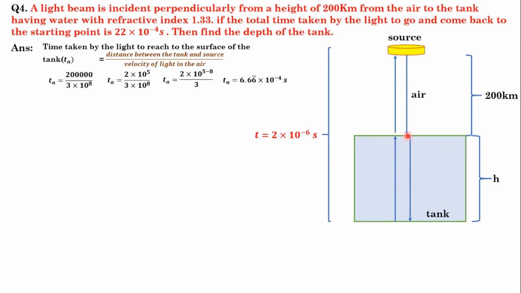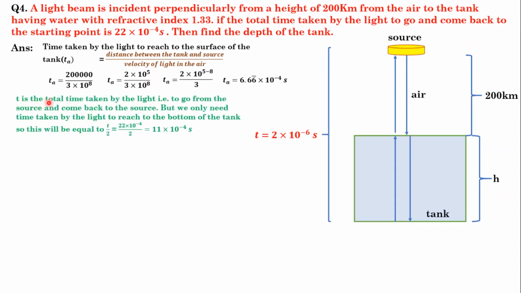Now t is the total time taken by the light to go there and bounce back, but we don't want both of these times. We just want the time from here to here. How can we obtain this?